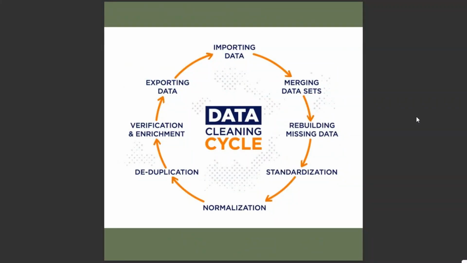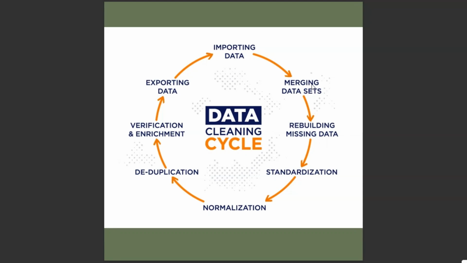So for the data cleaning cycle, we should be able to know how it works. When you want to clean data, you can start from any of this process. Any stage is okay to start. So assuming we're starting from importing of our data, when you import data, the next thing is to look at data sets, how they look like, and possibly know how to match some data sets.